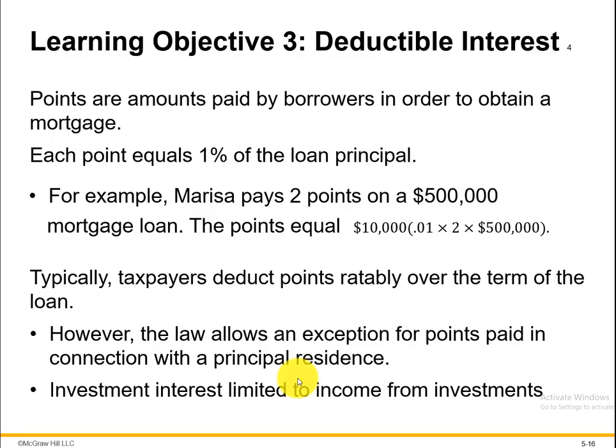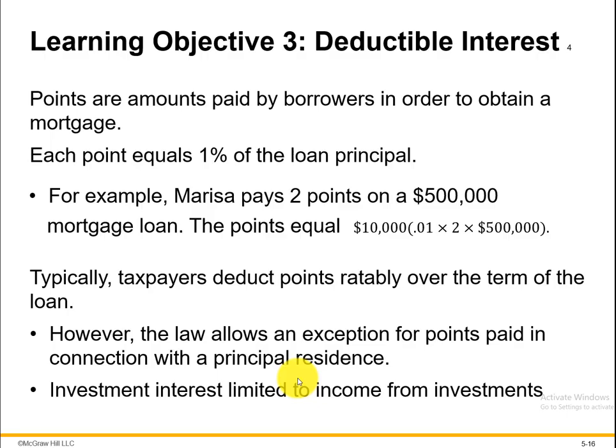So you'd have to have sold the stock for you to have income. If you're just owning the stock and it's not paying you dividends and it's not going up in value, but you're still paying interest on the loan you took out to buy the stock, that investment interest is not deductible because there is no income. So it's limited to the income you made from the investments.